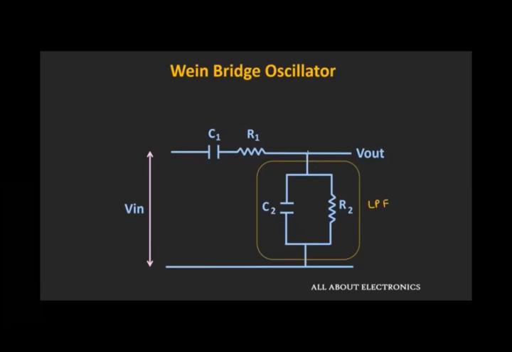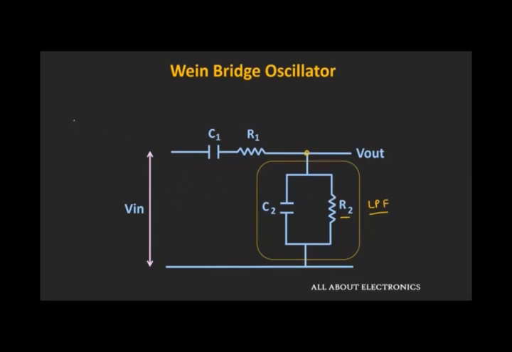So the output voltage at this node will directly appear across this resistor R2. And at very high frequencies, the impedance of this capacitor will be very low. So the output will get short circuited to the ground terminal. So in a way, this parallel RC network will act like a low pass filter. So this RC network does not allow low frequencies as well as high frequencies.